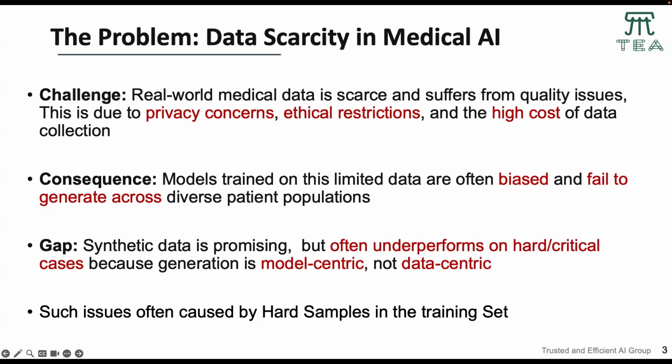First, real world datasets in the medical domain are very small and noisy, and there are a lot of privacy issues with them. Also, due to the diversity of different patients, having an unbiased dataset is often much harder than for usual tasks.